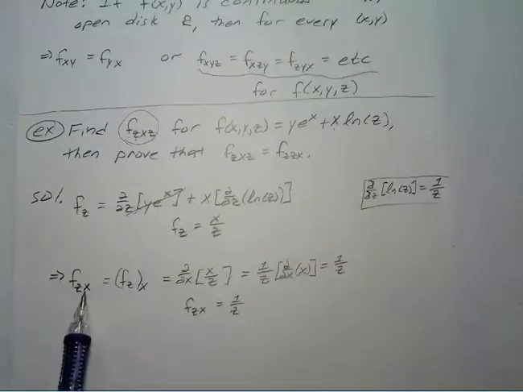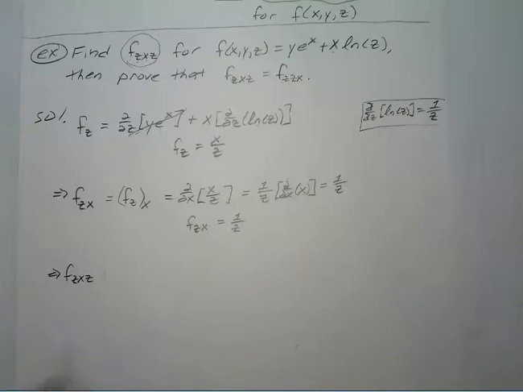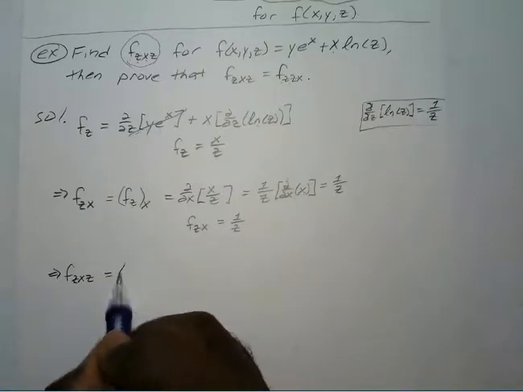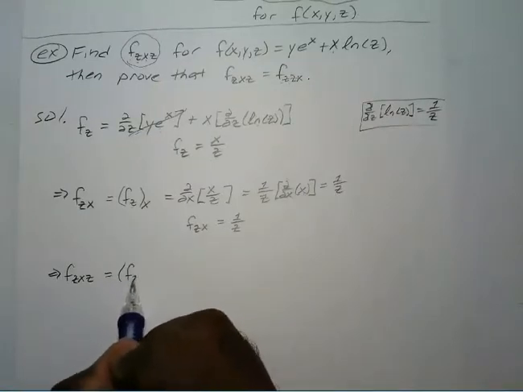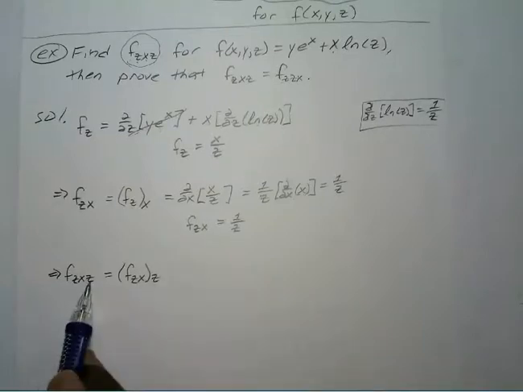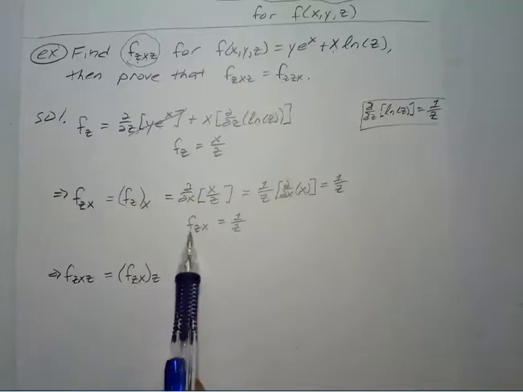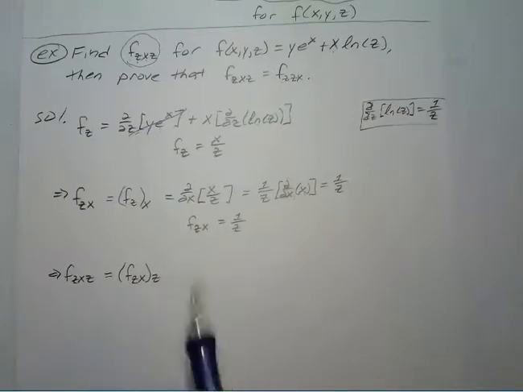So now, let's do one more: the partial with respect to z, then x, then z one more time. Now we already have the partial with respect to z and x. That's 1 over z.